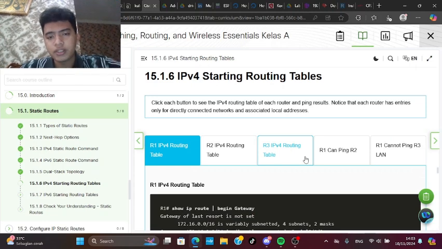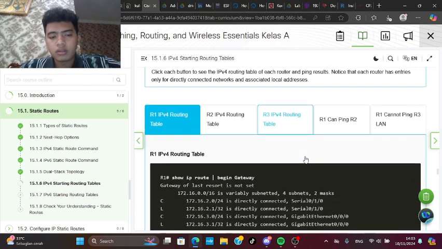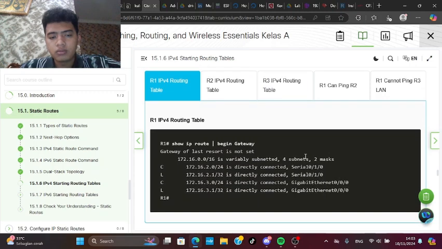Okay, we move on to the IP version 4 starting routing tables for Router 1. This table shows the IP route and begin gateway for each router.